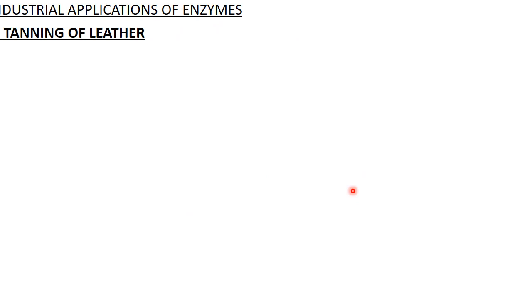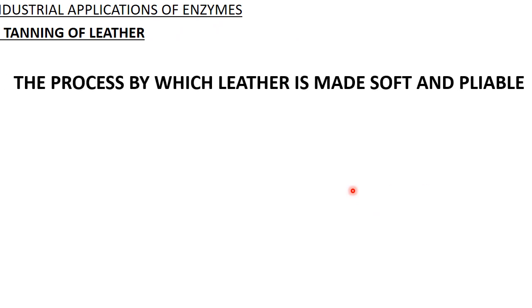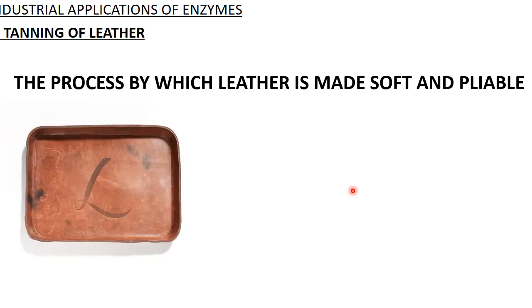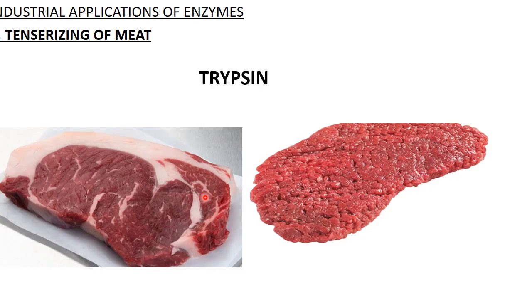Another application of enzymes is tanning of leather. Tanning is the process by which leather is made soft and pliable. If you have this kind of leather, which is hard, for you to get a form which is a bit soft, you use enzymes to turn it into this. How do enzymes turn this into this? We use an enzyme called trypsin.